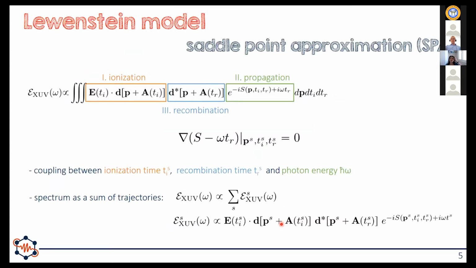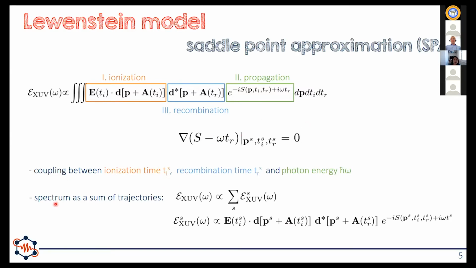And so then the next step could be to basically relate this integral to electron trajectories in a simple way with the saddle point approximation. What one can do is basically consider all the points, which are ionization time, recombination time, and photon energy, that are coupled, in which the derivative of this phase is zero.